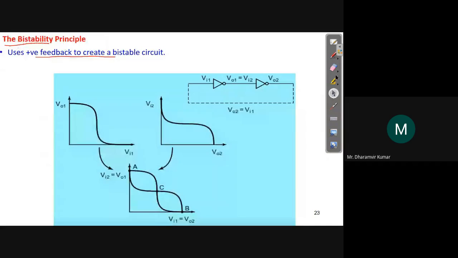Suppose this is a 0 here. This is an inverter, so at its output we will get a 1. Now this 1 feeds the second inverter, and we get a 0 here. The 0 is again connected to here, so the same 0 appears, then 1, then 0, then 1, and so on.